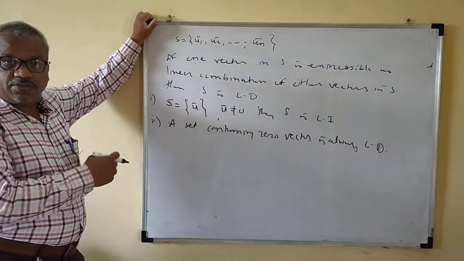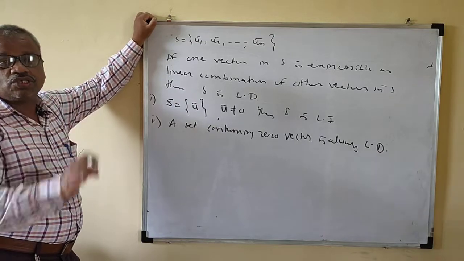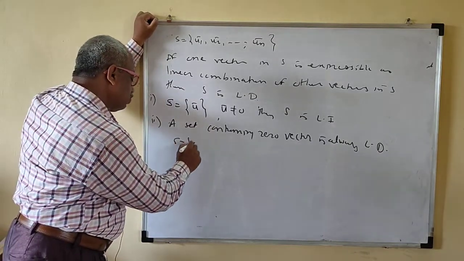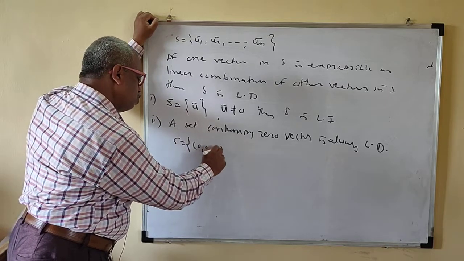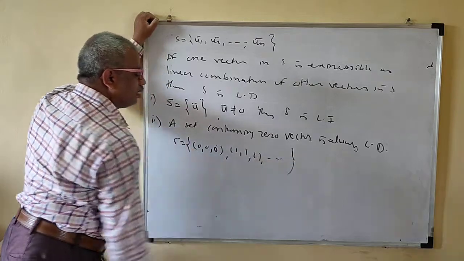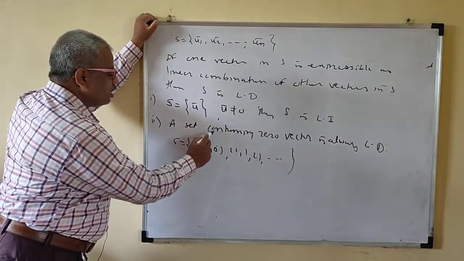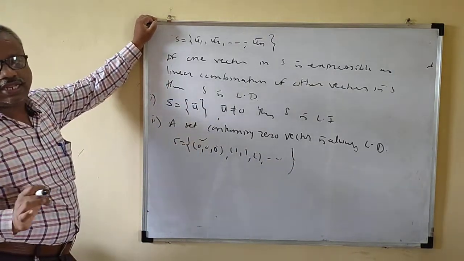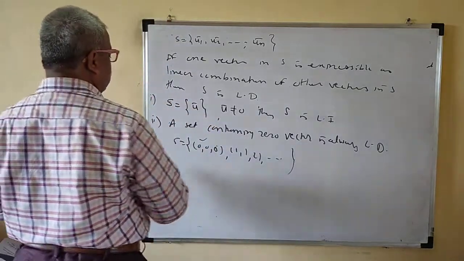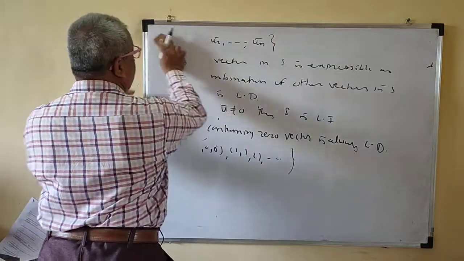That means, suppose S is 0 0, 0 1, 1 1, 1 2, or some vectors are given like this. This set contains the zero vector, so it is linearly dependent. A set containing the zero vector is always linearly dependent.